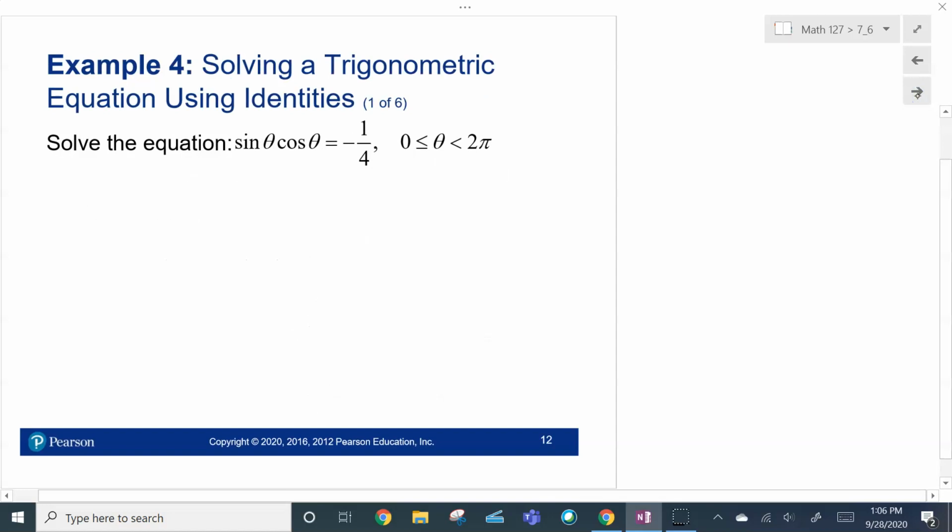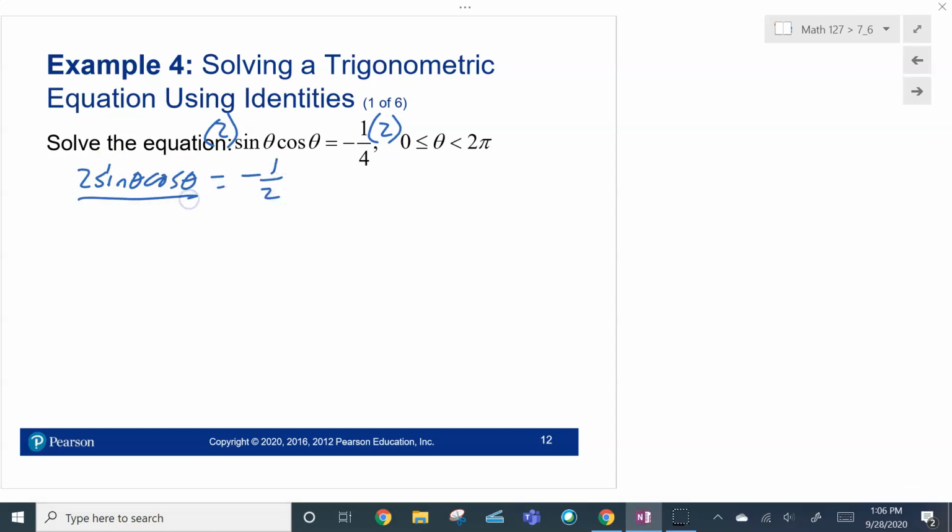All right, let's solve this equation here. We've got sine theta cosine theta equals negative 1/4. What I'm going to do here is say, well, I know 2 sine theta cosine theta is sine 2 theta, so I'm going to multiply this side by 2 and that side by 2. So I have 2 sine theta cosine theta equals negative 2/4, so negative 1/2.